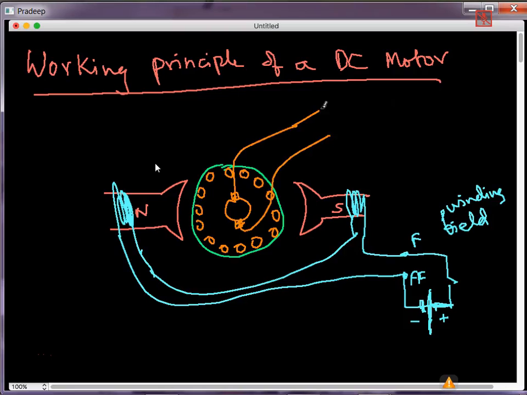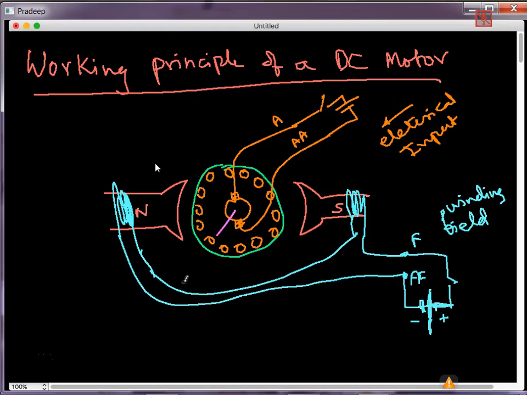And at the same time, I am also giving the electrical input. So here, this is A and this is A. This is the electrical input. So when the electrical input is given, the current carrying conductor is placed in a magnetic field. A current carrying conductor placed in a magnetic field experiences a force, and that force will start rotating the motor.